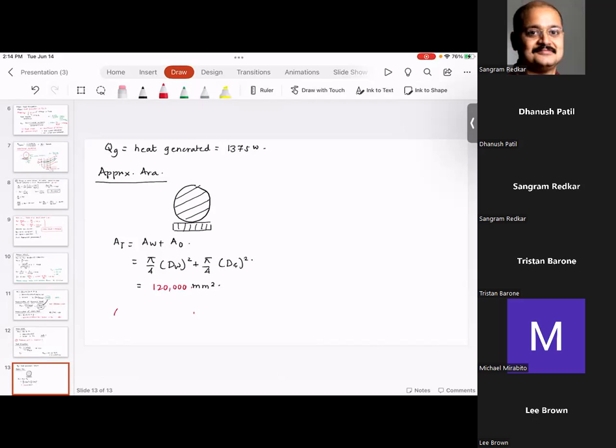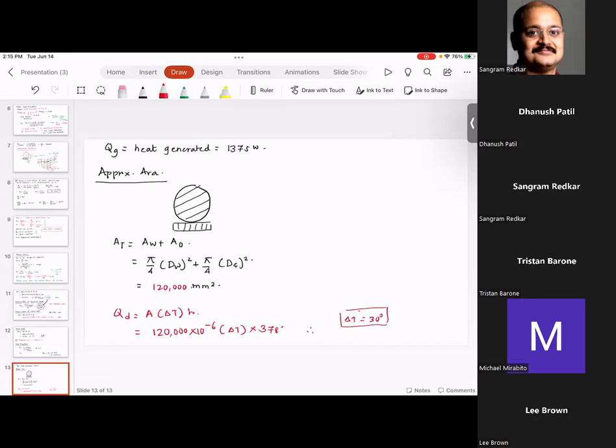And then you can find out the Q dissipated, which is equal to A times delta T times H, and substitute the value of 120 times 10 to the minus 6, delta T, multiplied by H, 378, and that approximately will give delta T equal to about 30 degrees.